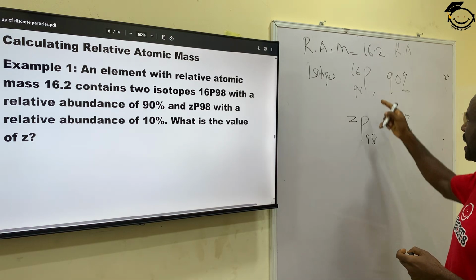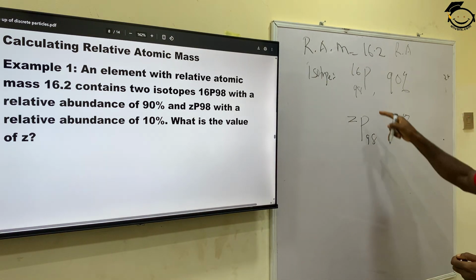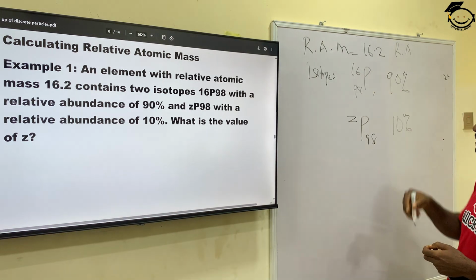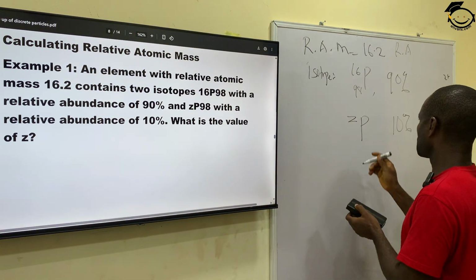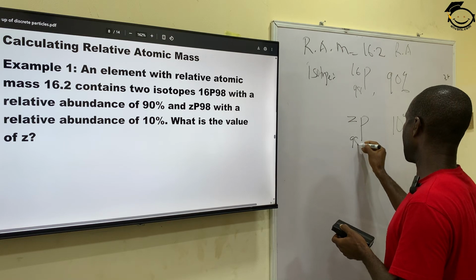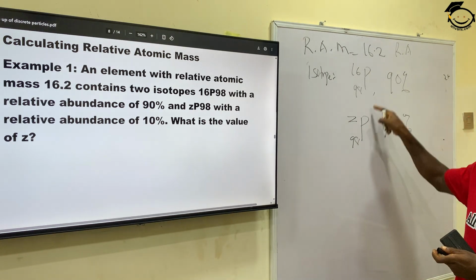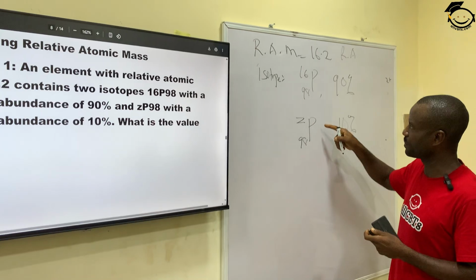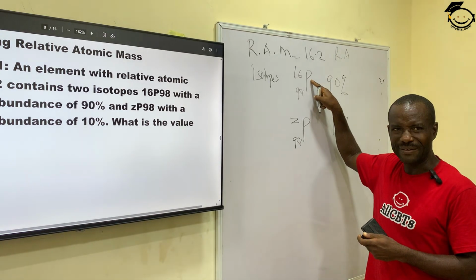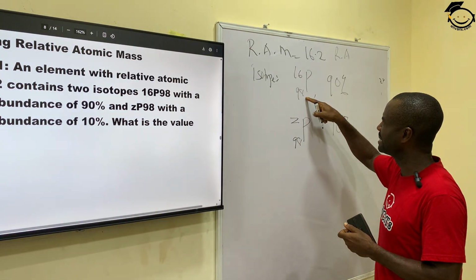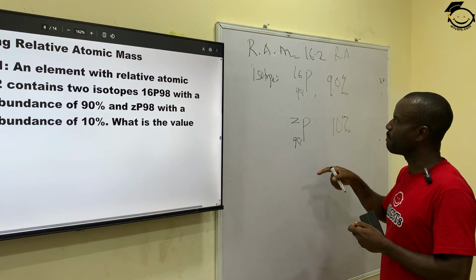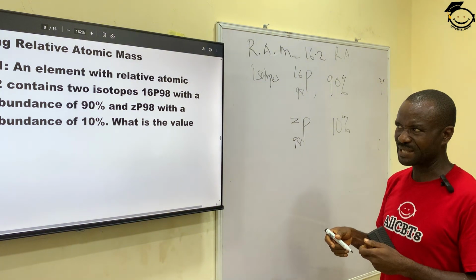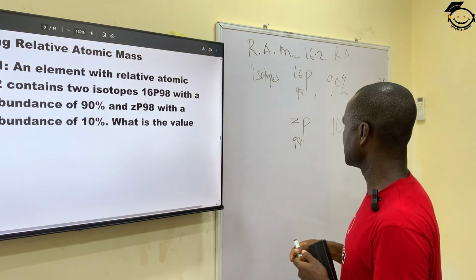So if you look at this element, we have 16 P 98 and Z P 98. So meaning what? They are isotopes because they are the same element. We define an isotope, if you remember, as atoms of the same element having the same atomic number but different mass number.